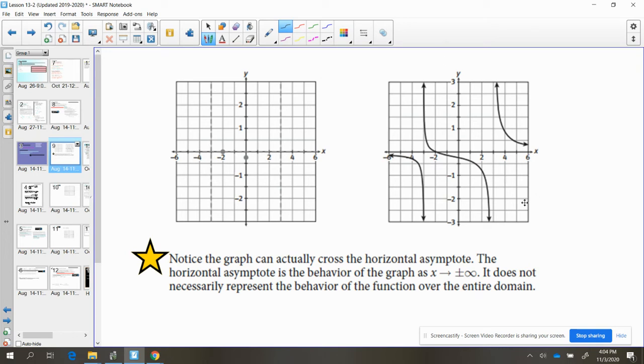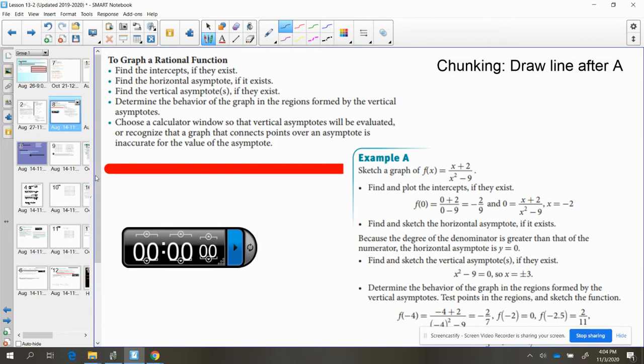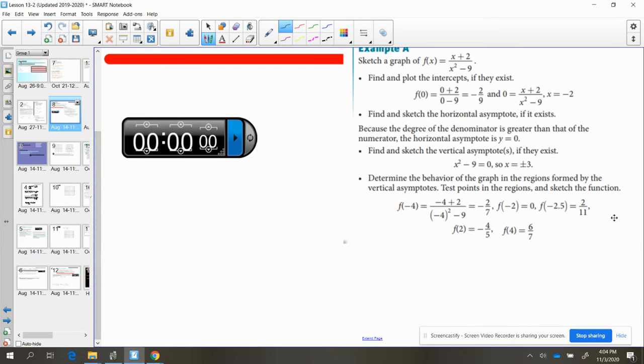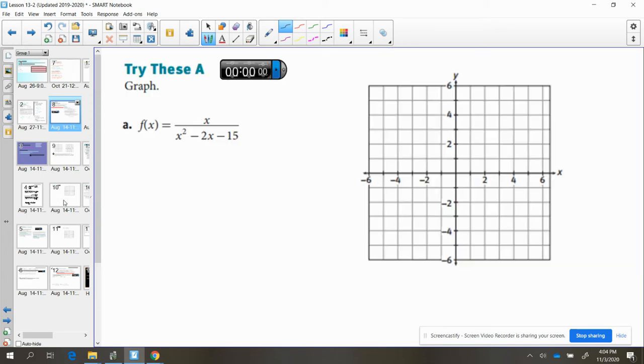So kind of using those vertical asymptotes and your zeros as testing intervals, and that's what they were doing right here, right above, testing different pieces where the vertical asymptotes and the zeros are to see if it was positive or negative to sketch, okay?